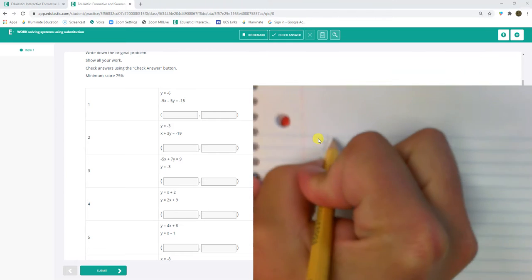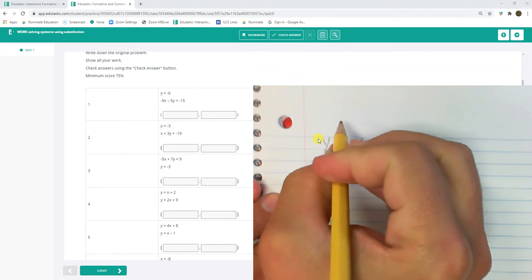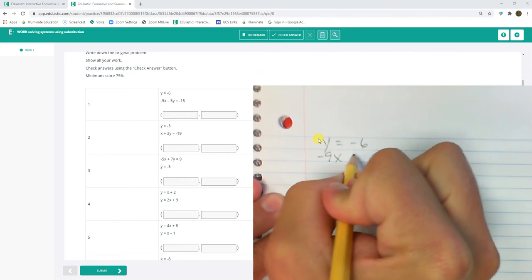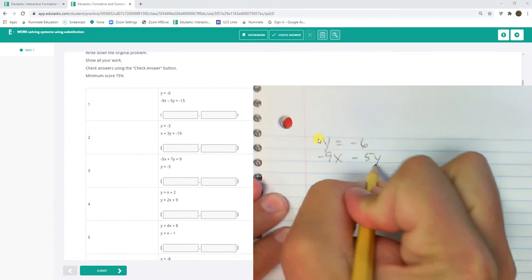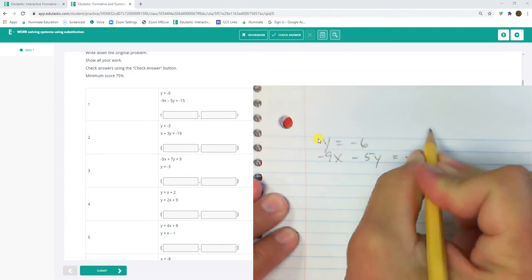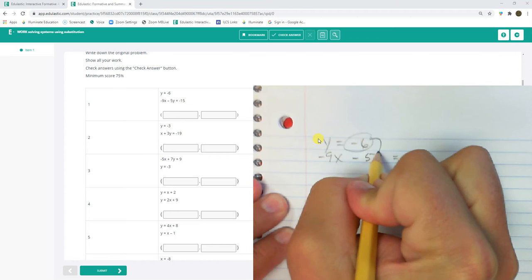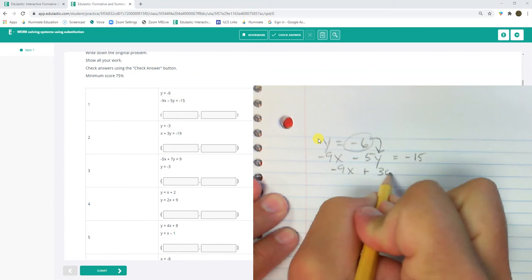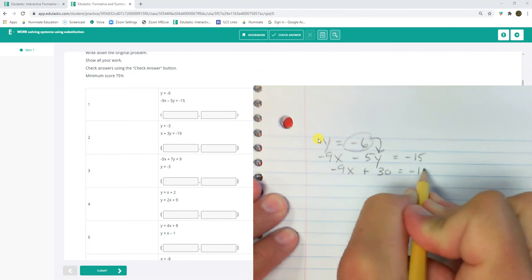So y equals -6, negative 9x minus 5y equals -15. I'm going to take this y and substitute it in right there. So negative 9x plus 30 equals -15.